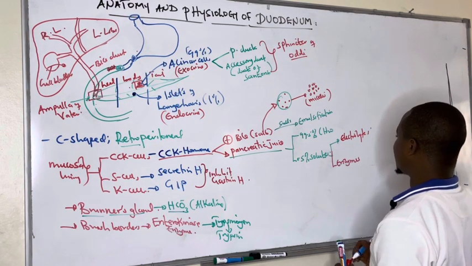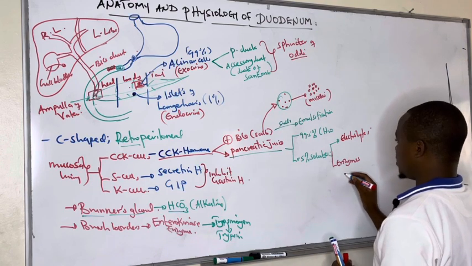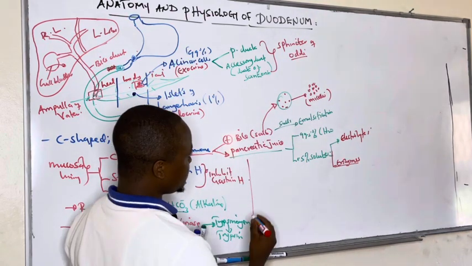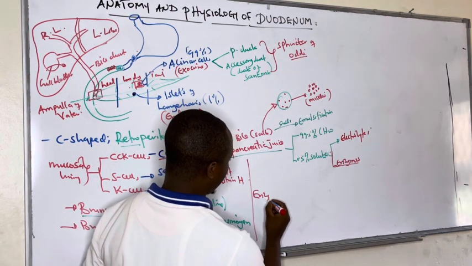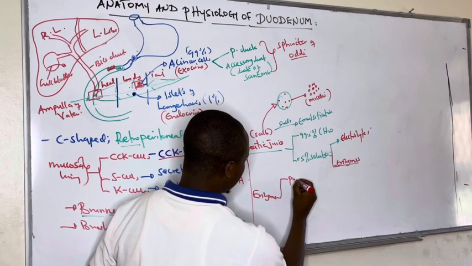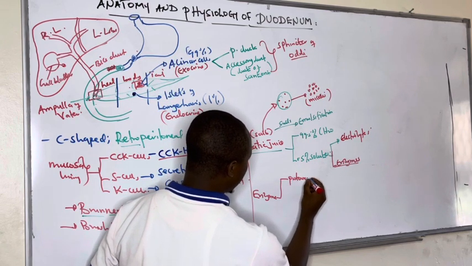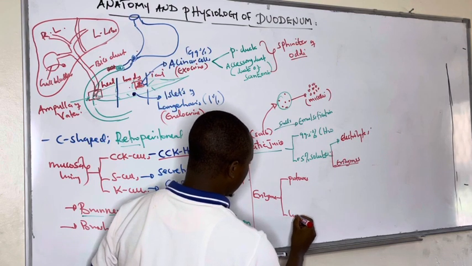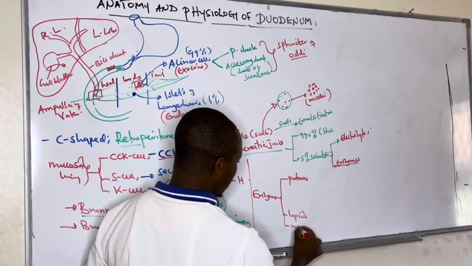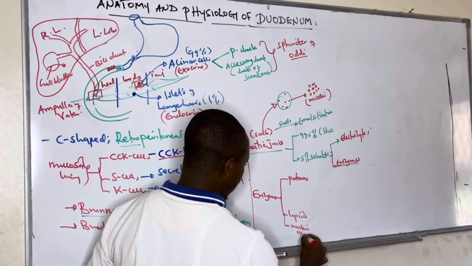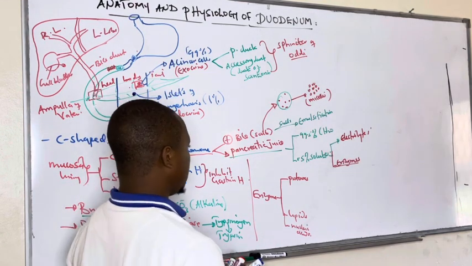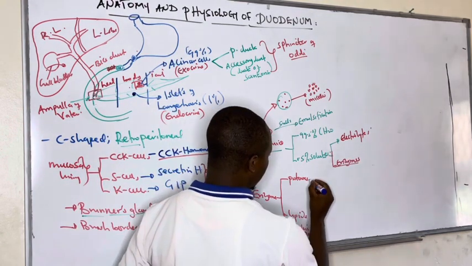And allow me to split these enzymes into two. The enzymes in the pancreatic juice include the proteases, those which work on proteins, and those which work mainly on lipids. And sometimes we also have the ones which work on nucleic acids. The enzymes which work on proteins are produced in inactive form.